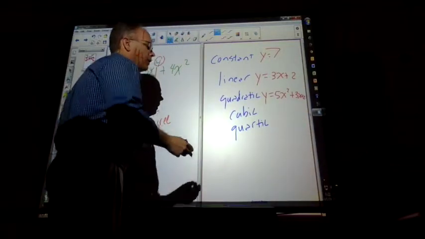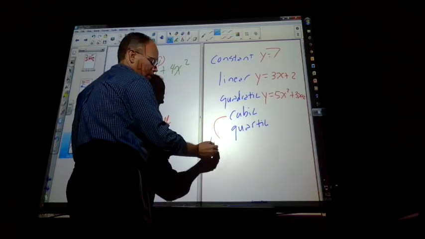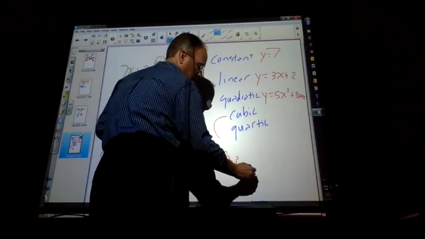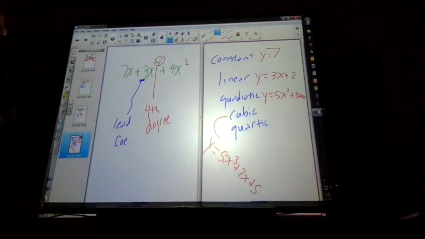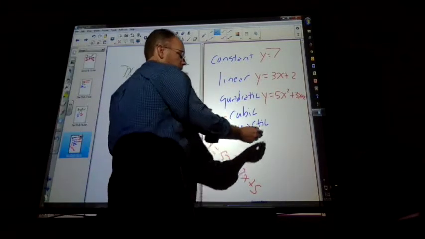Cubic means it's raised to the what power? Third. And you don't have to have all the terms there. Your highest exponent dictates what it is. And quartic, take a shot. Fourth.